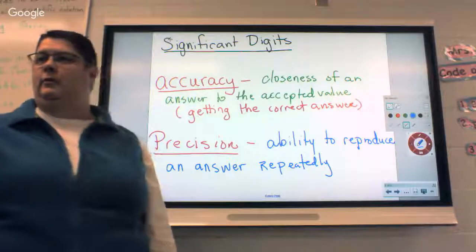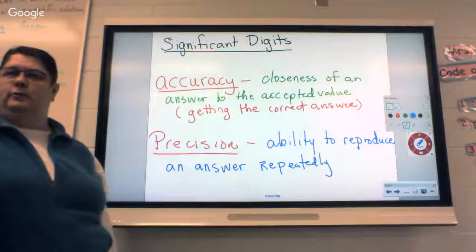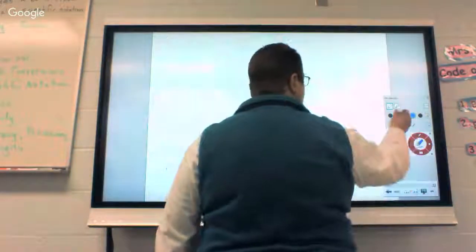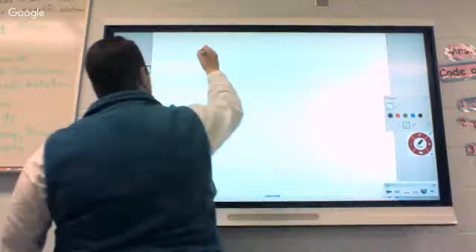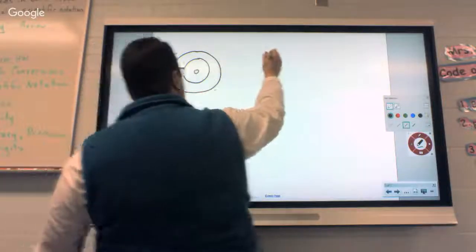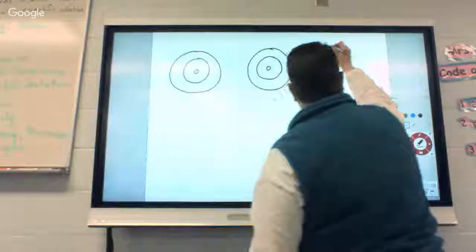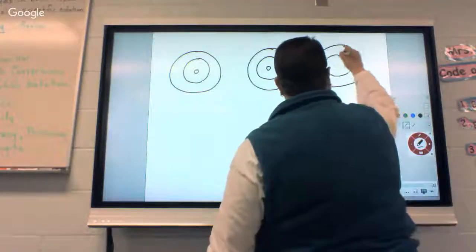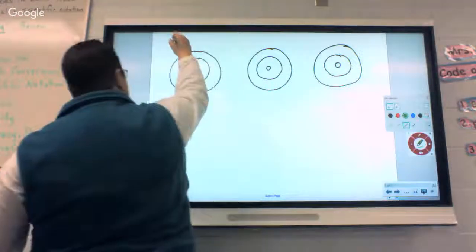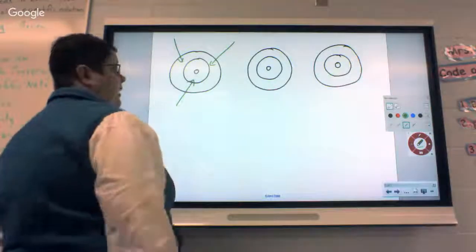So let's just say with a dartboard, and I threw my darts. They landed like that.